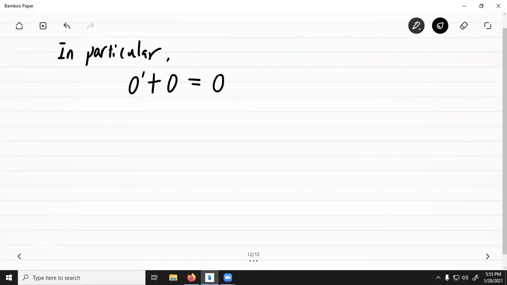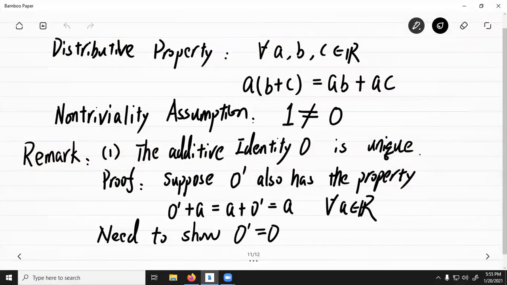This is just from this property: you replace A with 0. So you must have 0 prime plus 0 equals 0. This is the property that 0 prime has.